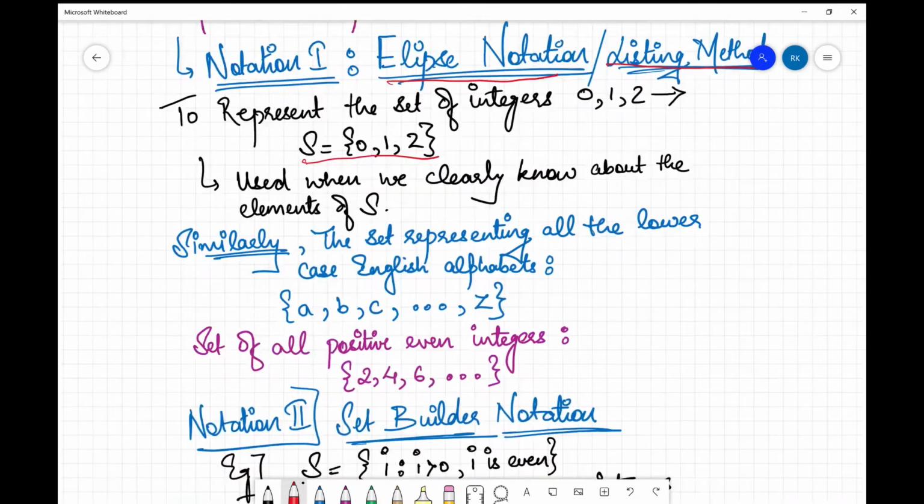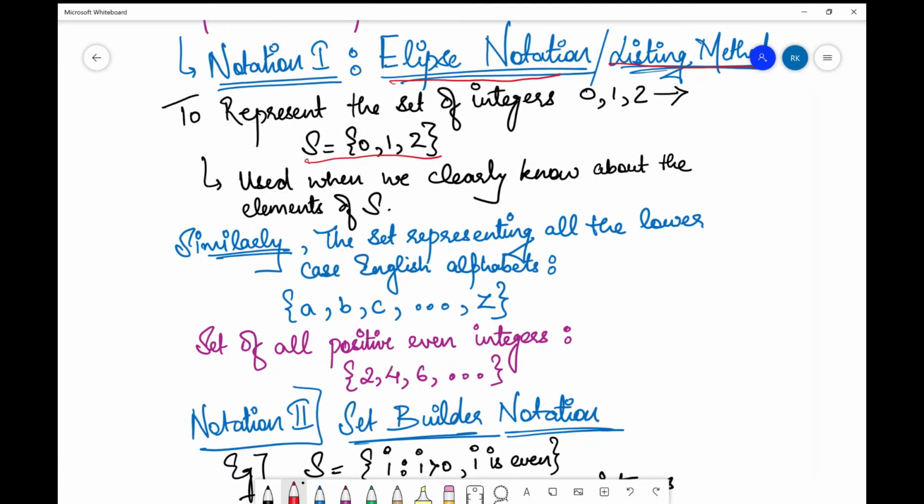Now if I want to represent a collection of elements which is somewhat large and I don't want to write all of them, let's say all the lowercase English alphabets, then I just write some of the beginning alphabets, that is a, b, c, and then these 3 dots. You can write it like this, there's no need to make them double like I did, that's just my way of writing.